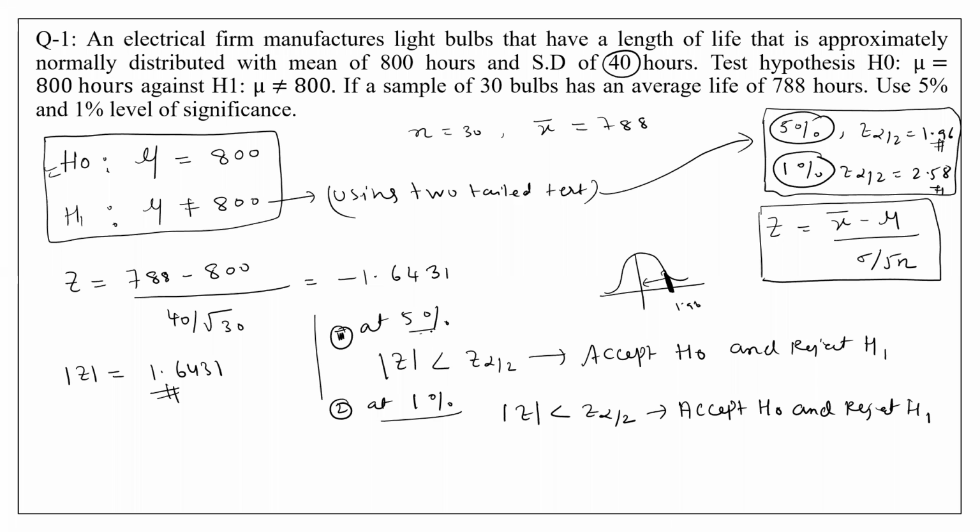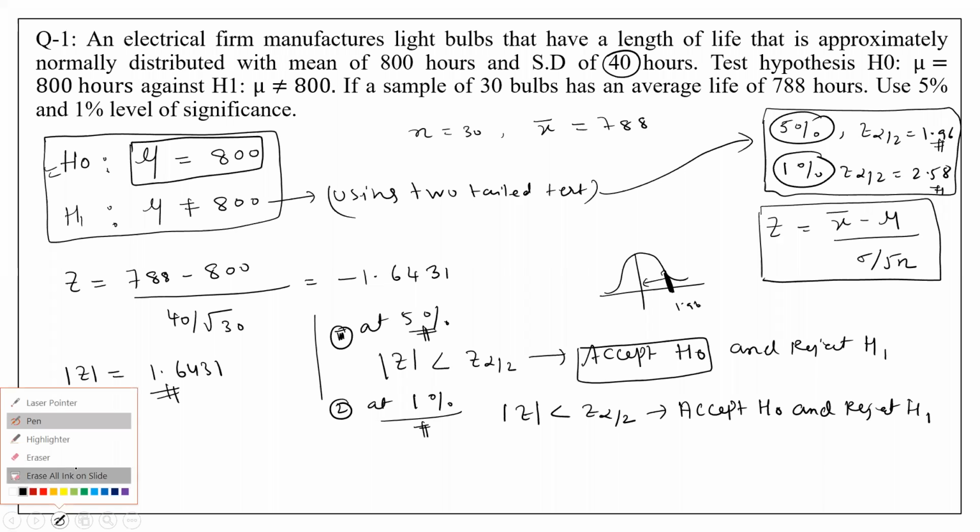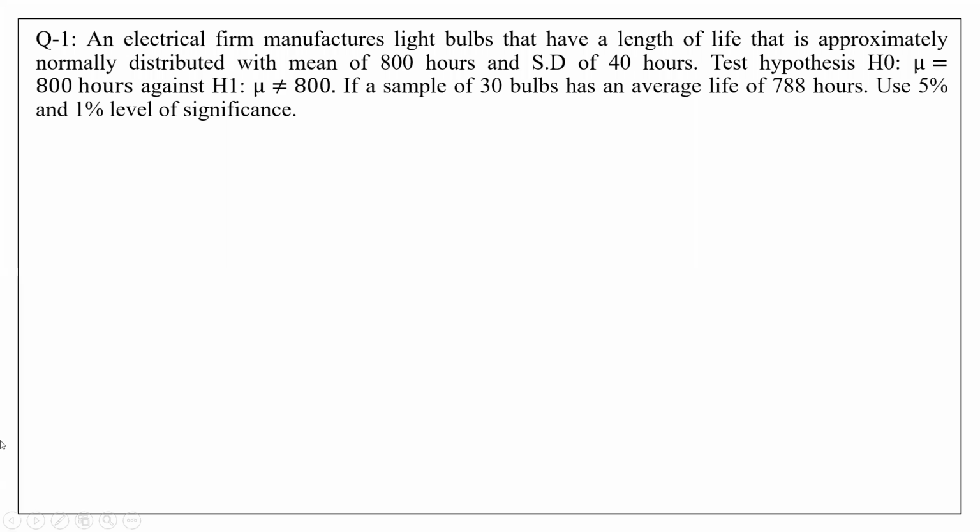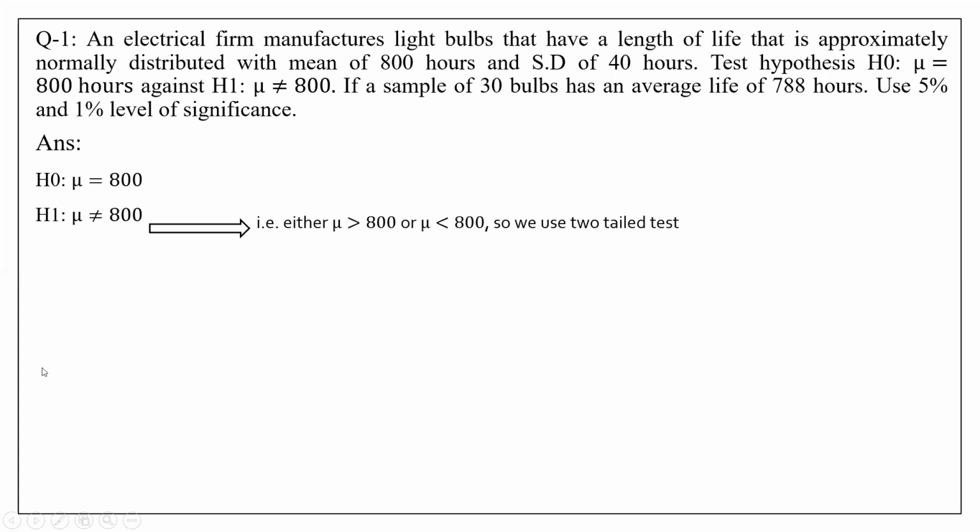So at both the 5% and 1% levels of significance, we are going to accept the hypothesis H naught, that is, your mean equal to 800 is correct. All right. Any doubt in this problem, please let me know. I've given the explanation here.